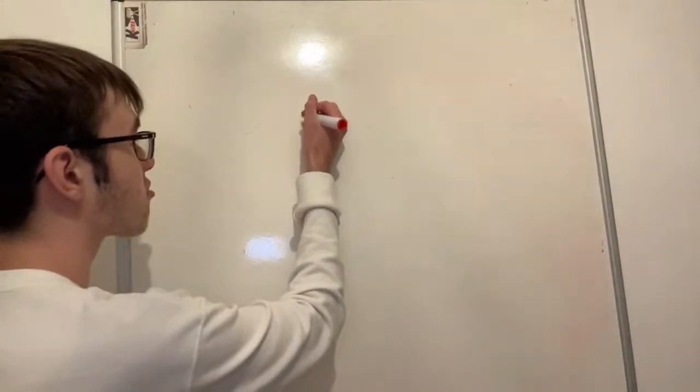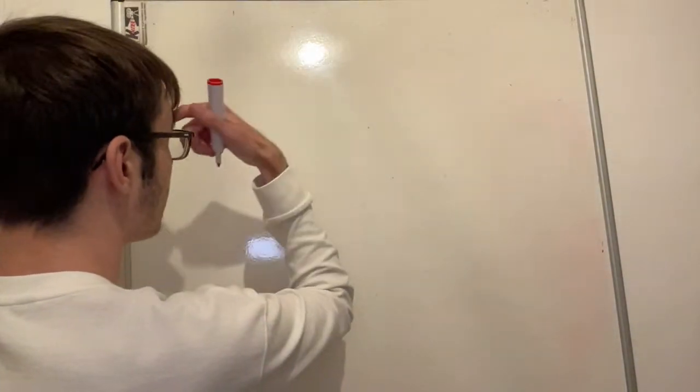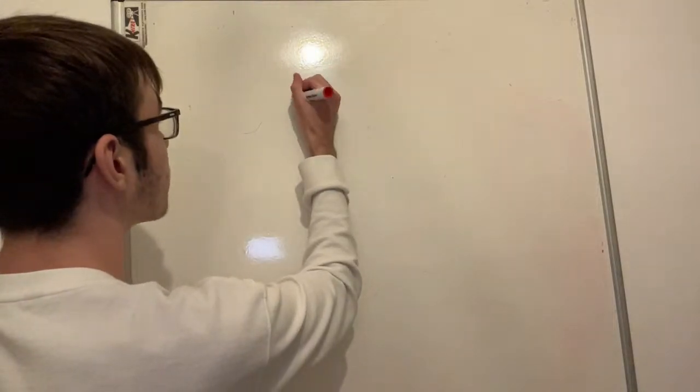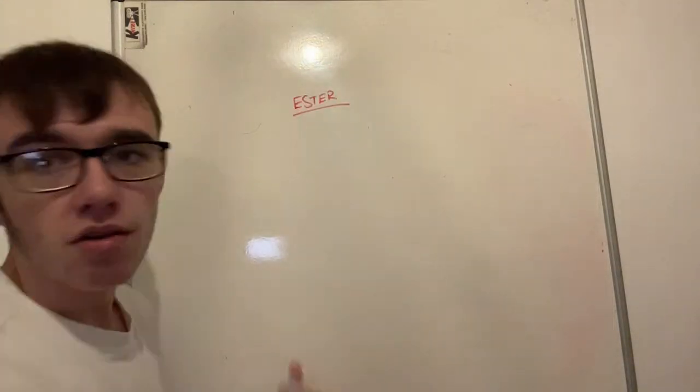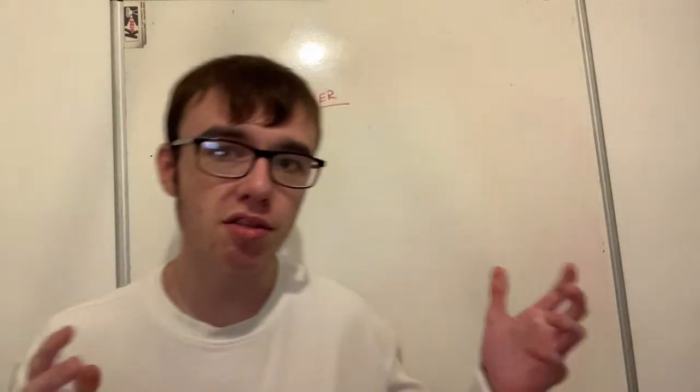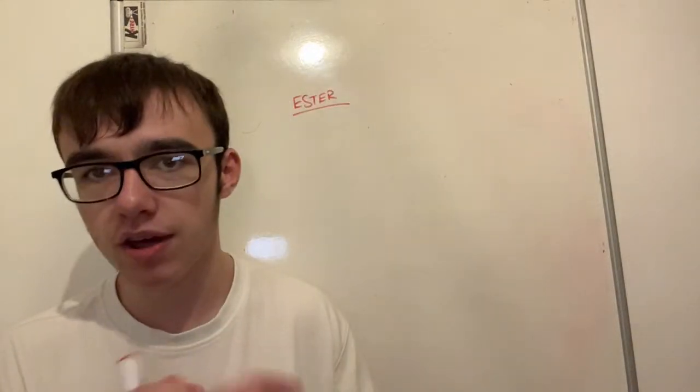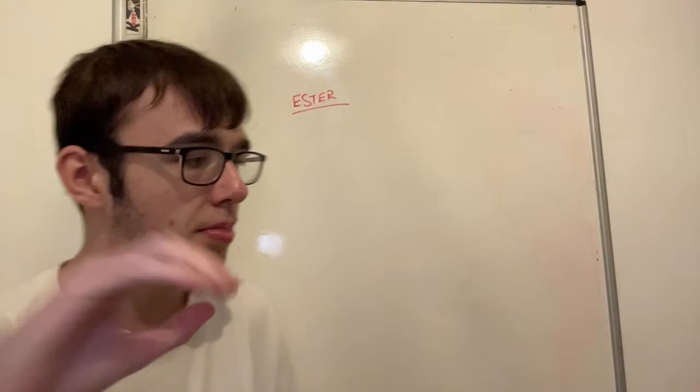Where's my red pen gone? Okay. So, lipids. The first thing you need to know about lipids is the type of bond, which is an ester bond. In proteins, the bonds that join the amino acids together are called peptide bonds.